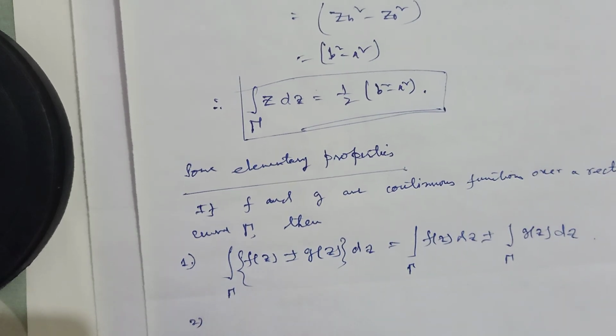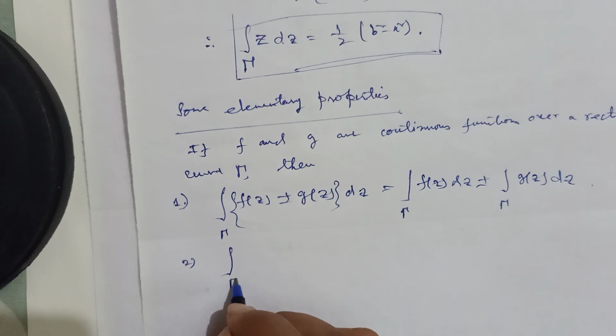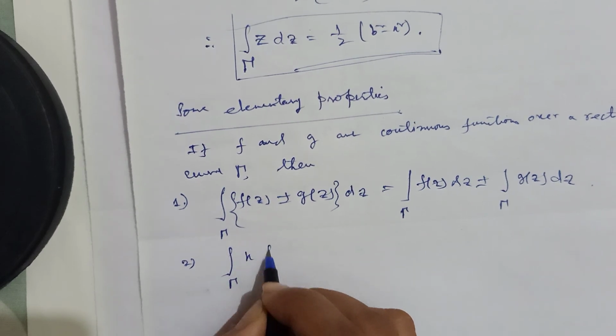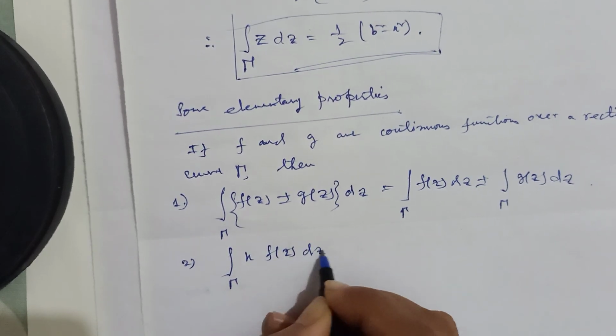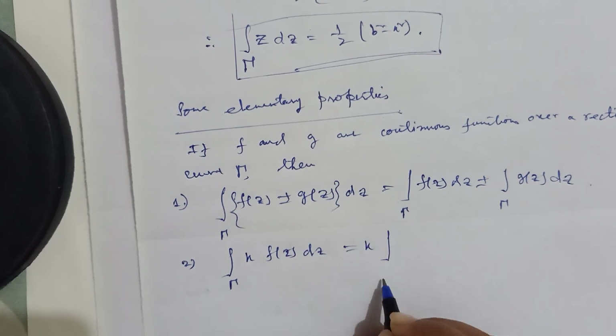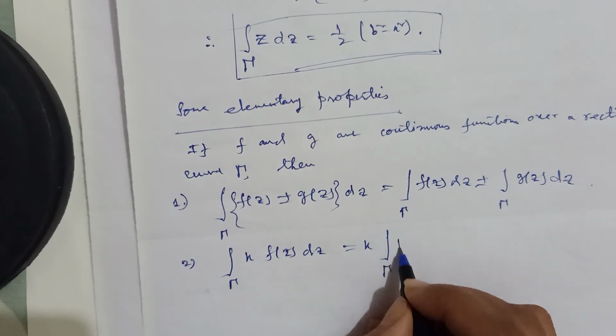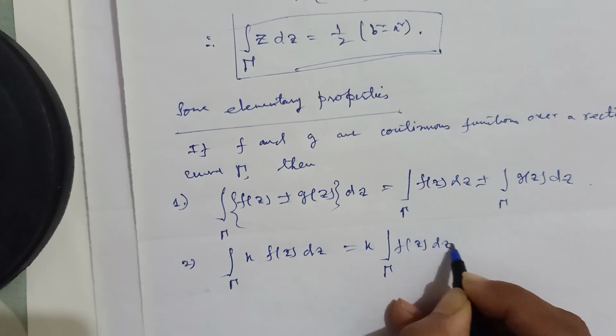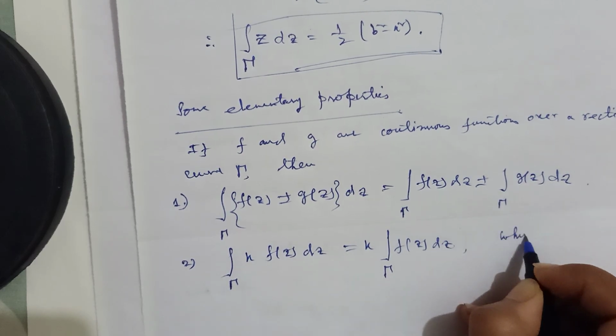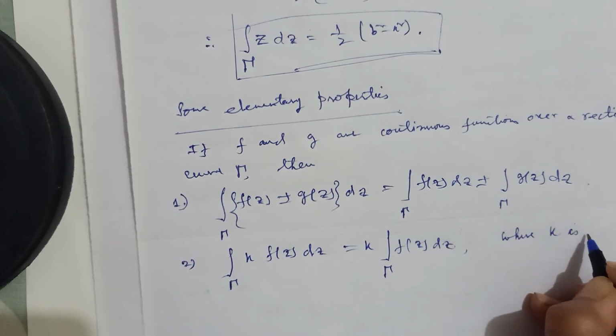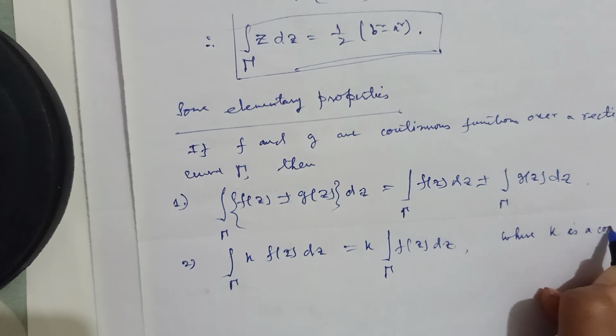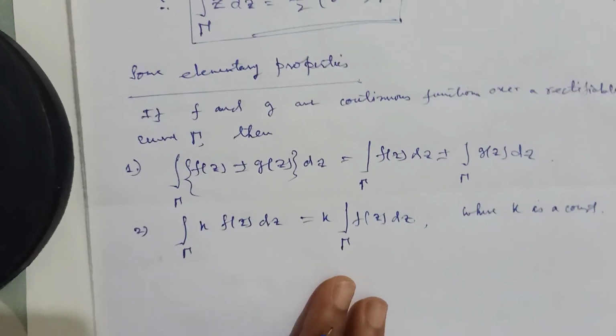Property second is the integration over gamma of k f(z) dz equals k times the integration over gamma f(z) dz, where k is a constant.